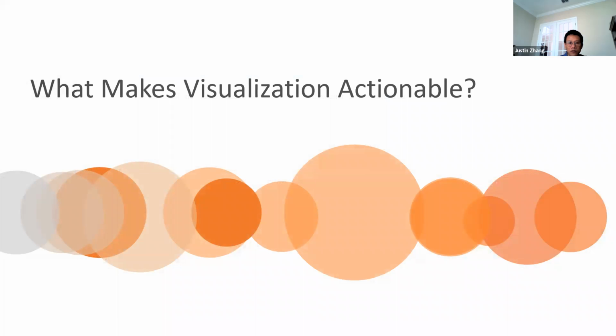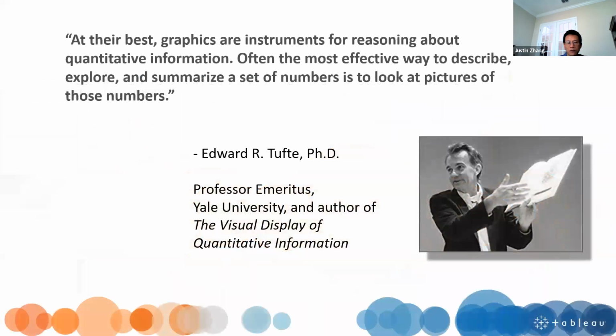So what makes visualization actionable, especially in dashboard design? Let's talk a little bit about some of the guidelines. At their best, graphics are instruments for reasoning about quantitative information. Often the most effective way to describe, explore, and summarize a set of numbers is to look at pictures of those numbers.